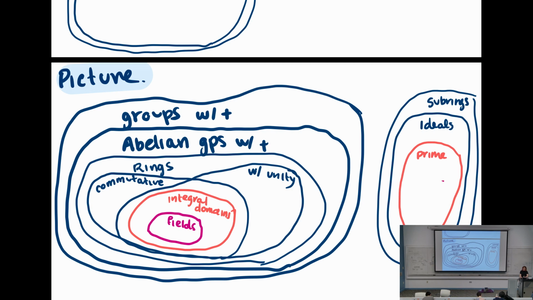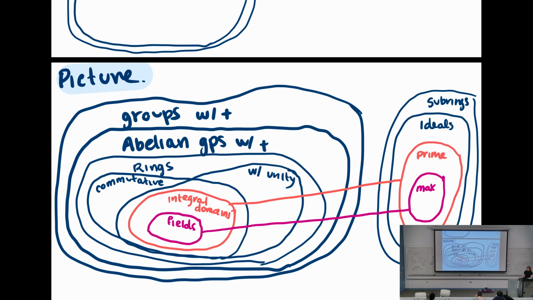And then even within that, there's something called maximal ideals. And then the connection between these two are the theorems that we've proved the last two times. So A is prime if and only if R mod A is an integral domain, and A is maximal if and only if R mod A is a field.